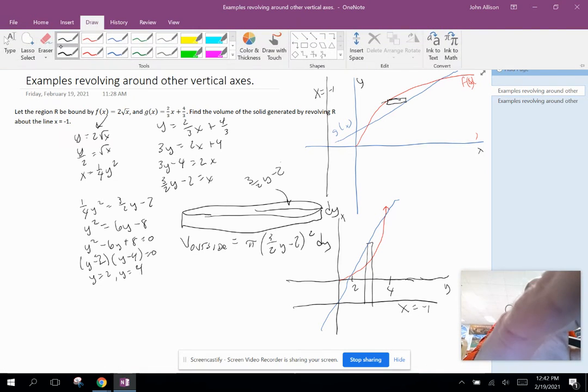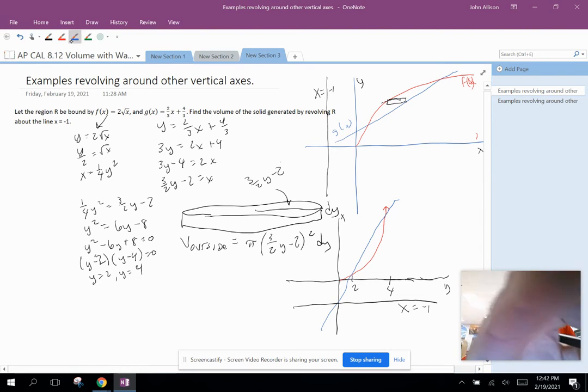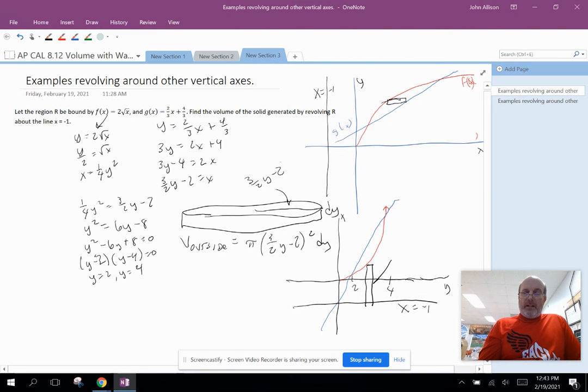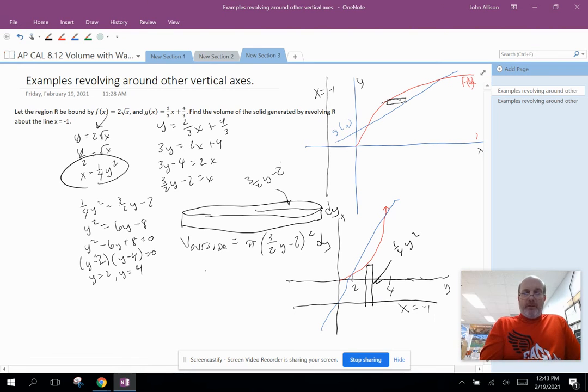Then next, I'm going to draw the inside rectangle. And the height of that rectangle is going to come from my quadratic, 1/4 y squared. And when I revolve that, it's going to give me the smaller disk that we're going to remove from the outside disk.